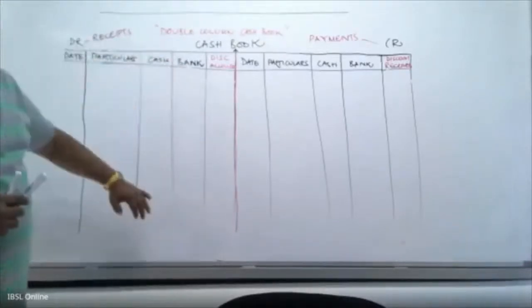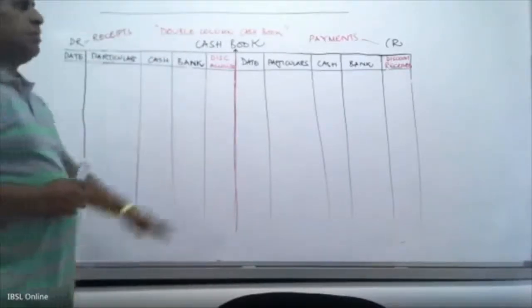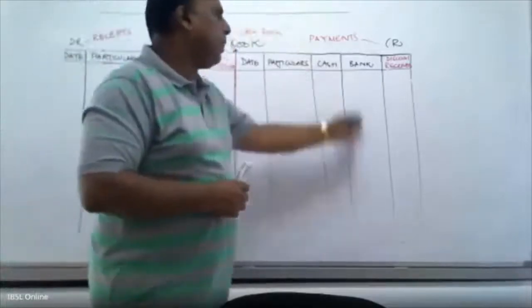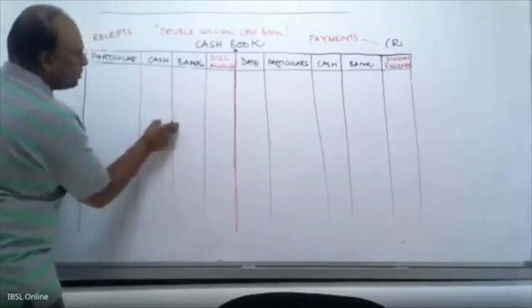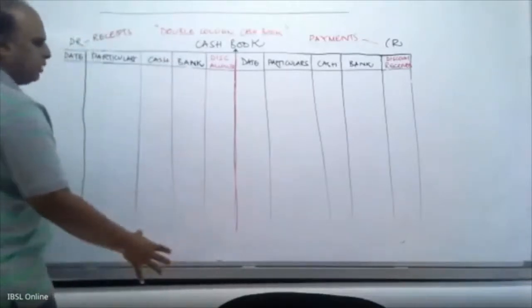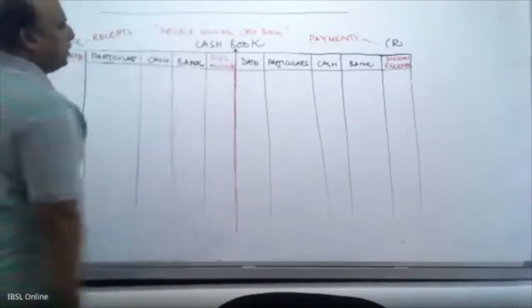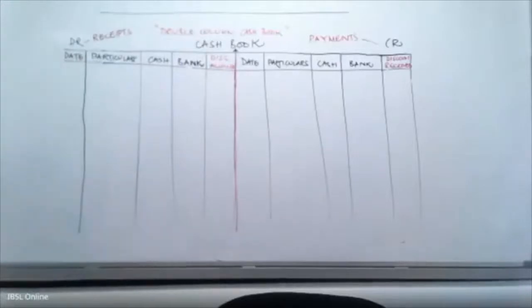You have a cash column and you have a bank column. And here also you have a cash column and a bank column. So the concept here is when you have these two columns sitting in your cash book, that is called a double column cash book. Okay. And this is how you will have to prepare a cash book in case you are required to prepare one in your examination.